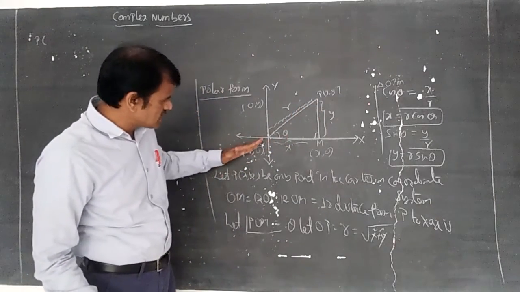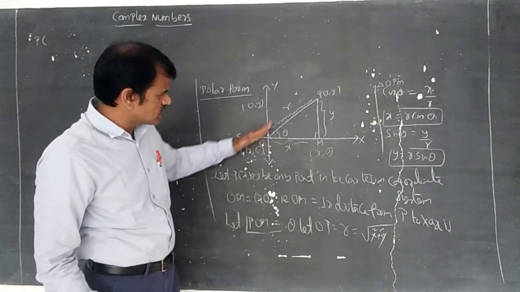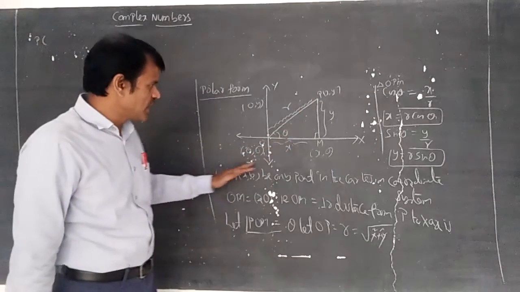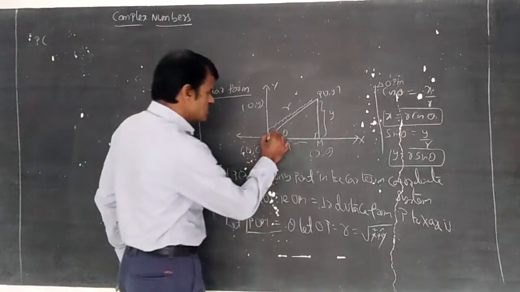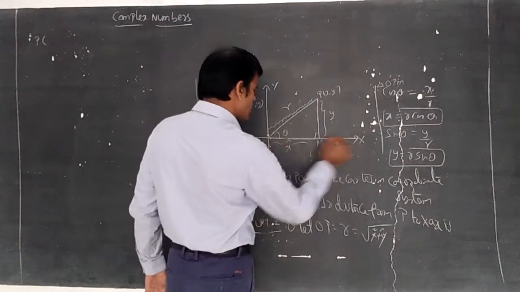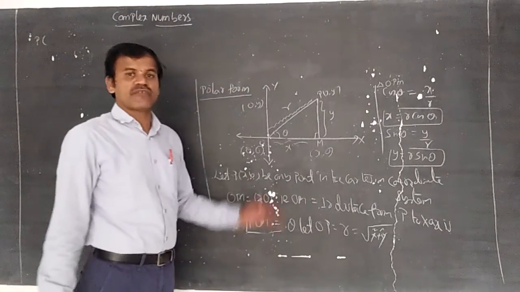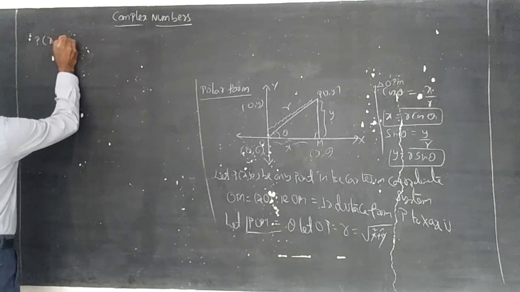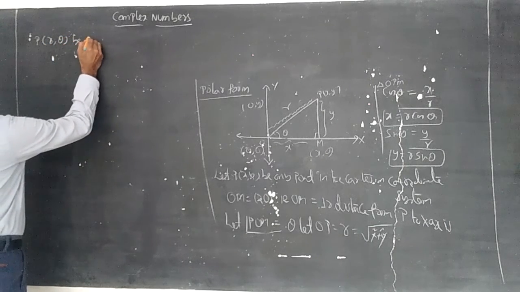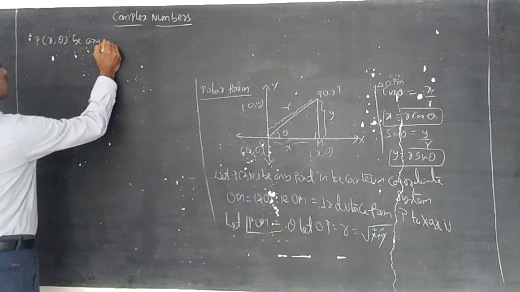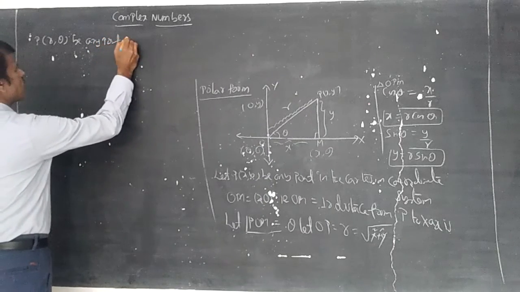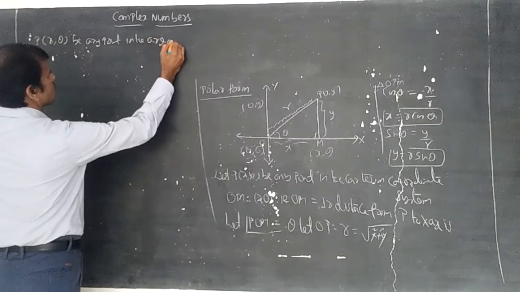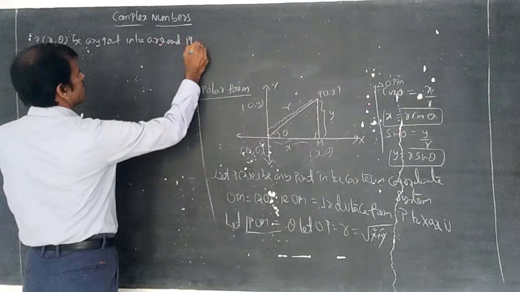P means the distance R, that is root of x square plus y square, and this line makes an angle theta with the positive direction of the x axis. So P, you can write R comma theta. P R comma theta be any point in the orthogonal plane.